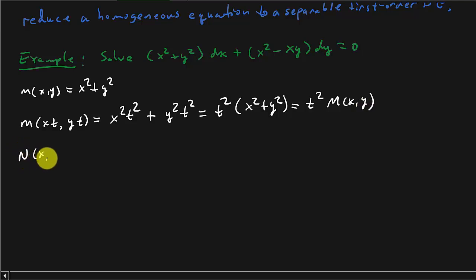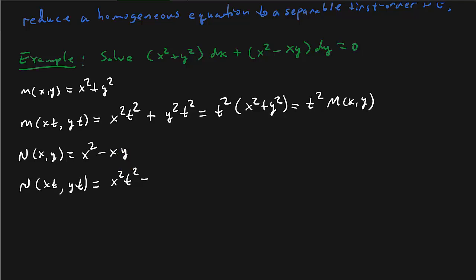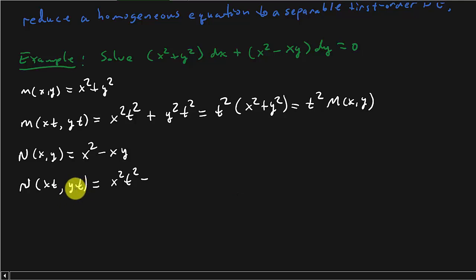And then we have N of x, y is equal to x squared minus xy. And so N of xt, yt is equal to x squared t squared minus, now we're going to plug this in for y, and this in for x.